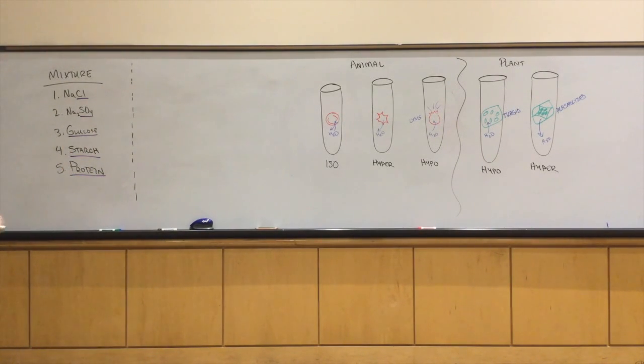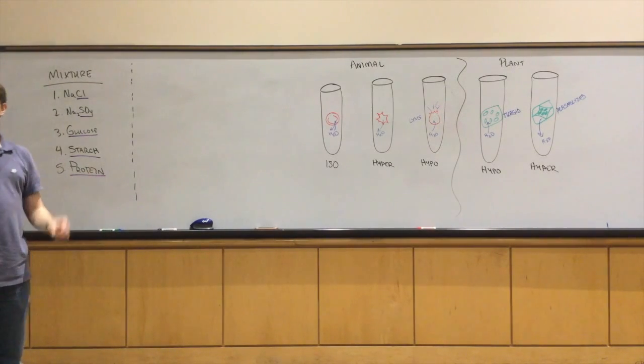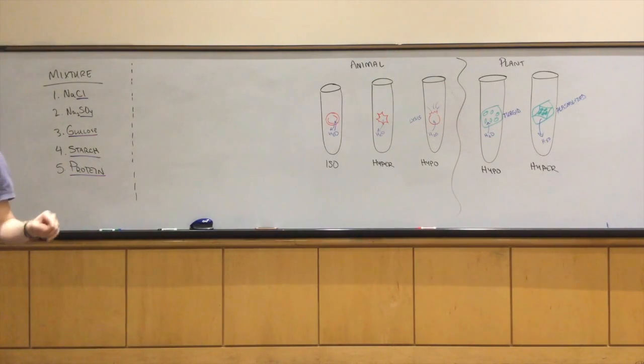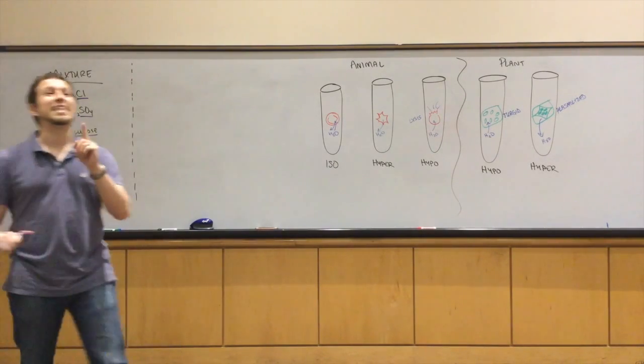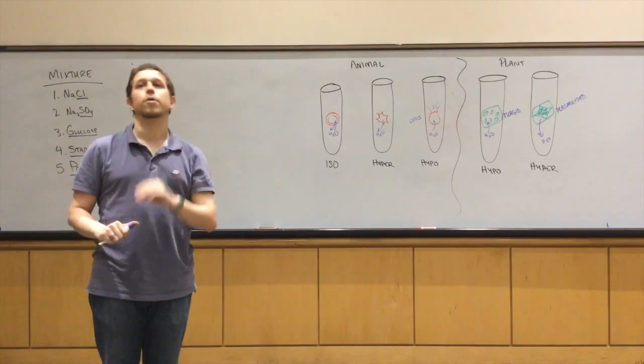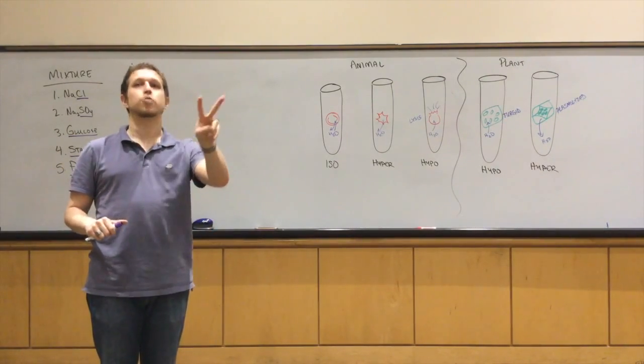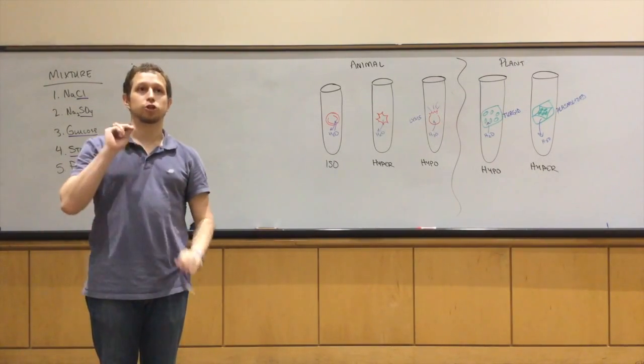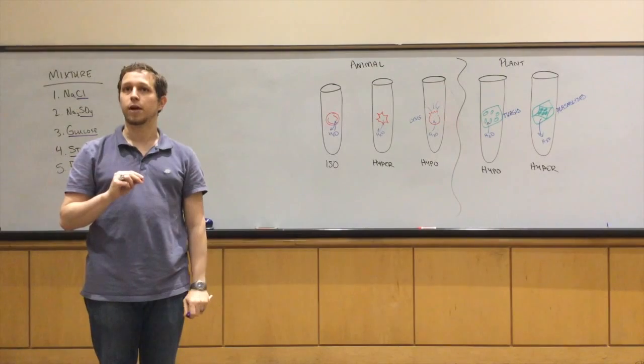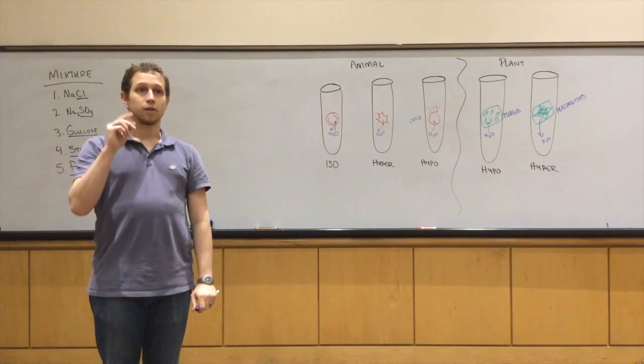Now, if only small molecules are going to be able to permeate this bag, and we've already established in the previous experiment that sucrose, which is a disaccharide, cannot permeate the bag, there are actually two molecules right off the bat I know should not diffuse across this membrane. What are they?